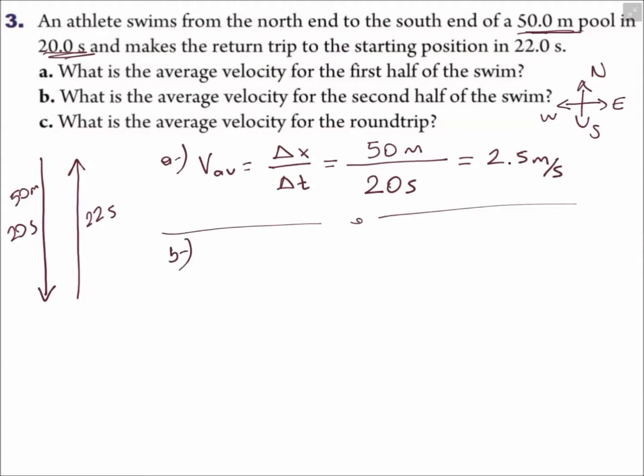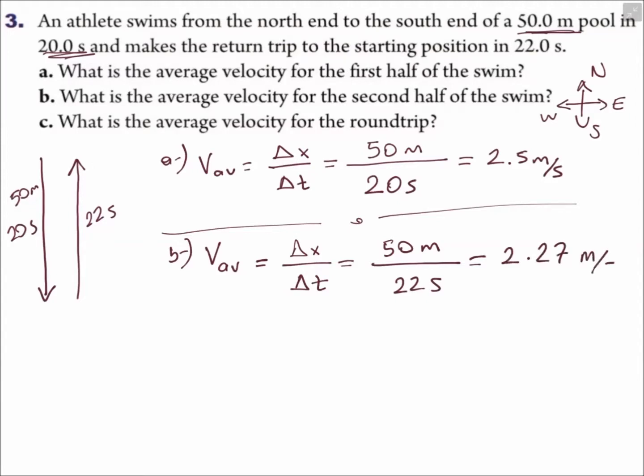And at B, it's asking what's the average velocity for the second half. So v average is delta x over delta t again, and x is constant because it's coming back the same way, which is 50 meters, but now time is 22 seconds, so our result is going to be 2.27 meters per second.